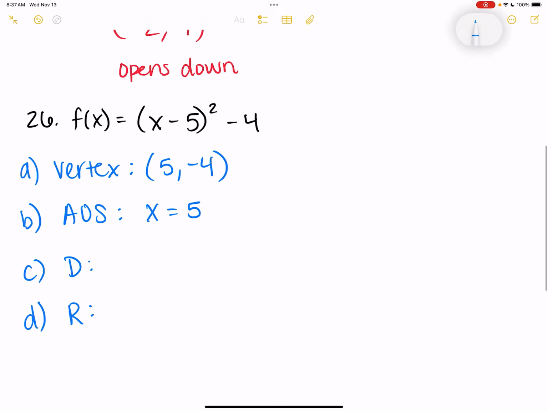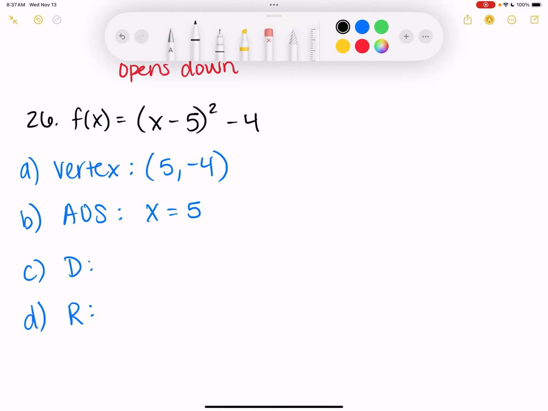So, setting up a little graph over here. Which way is this one going to open? Yep, so this one is up. So, I'm going to put some points on my graph here.